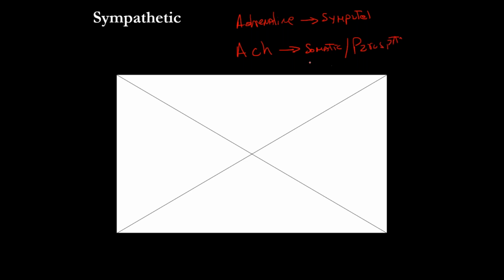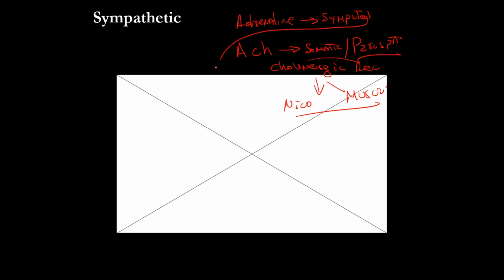The parasympathetic is going to have this acetylcholine with the cholinergic receptors. And these cholinergic receptors are going to be the nicotinic, and then the other one is the muscarinic. In the sympathetic, we are going to have alpha 1, alpha 2, beta 1, beta 2.